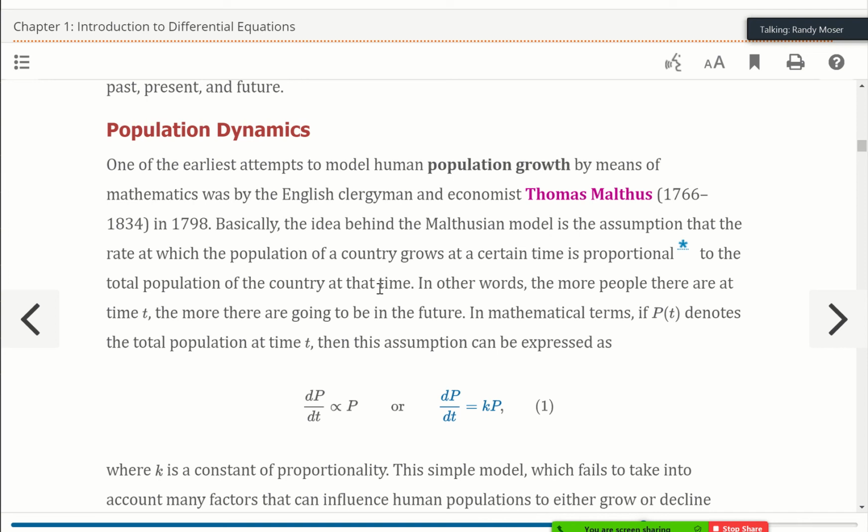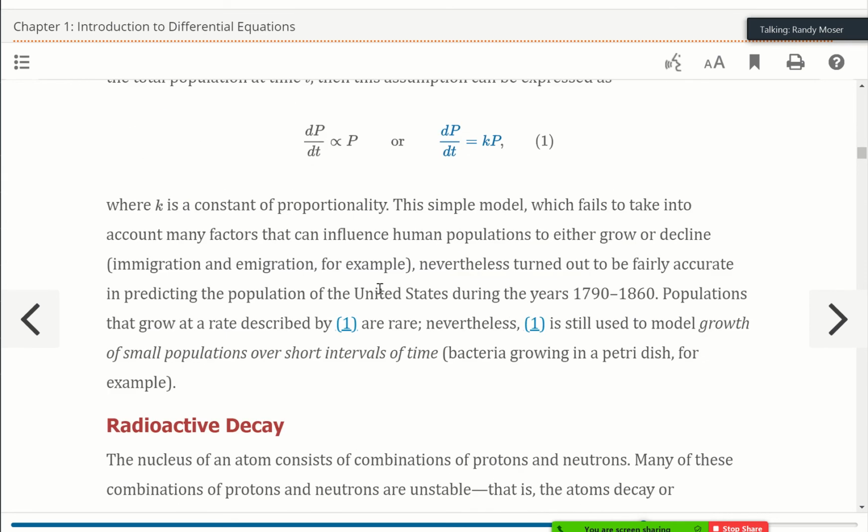And that makes sense, right? The more people you have, the more opportunity you have for that population to grow and make even more people. So we would say that the rate of change of the population with respect to time is proportional to the size of the population at that time. In terms of the differential equation, that would give us dP/dt equal to a constant times the population P.